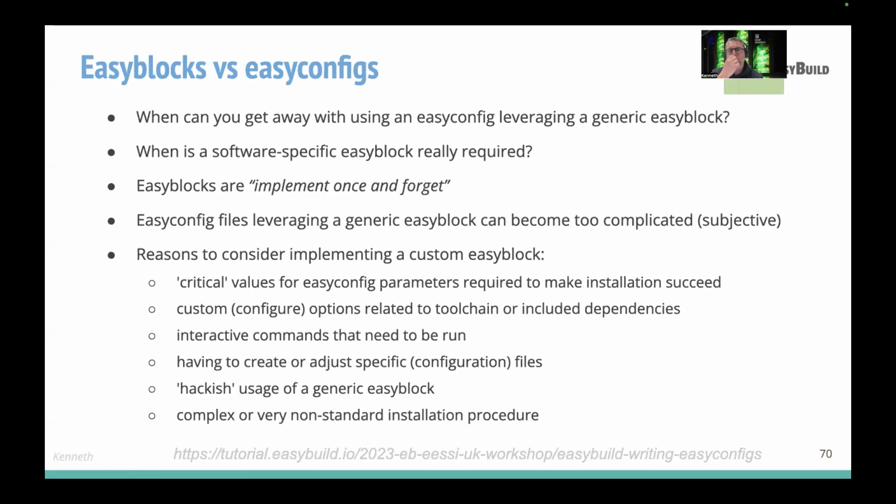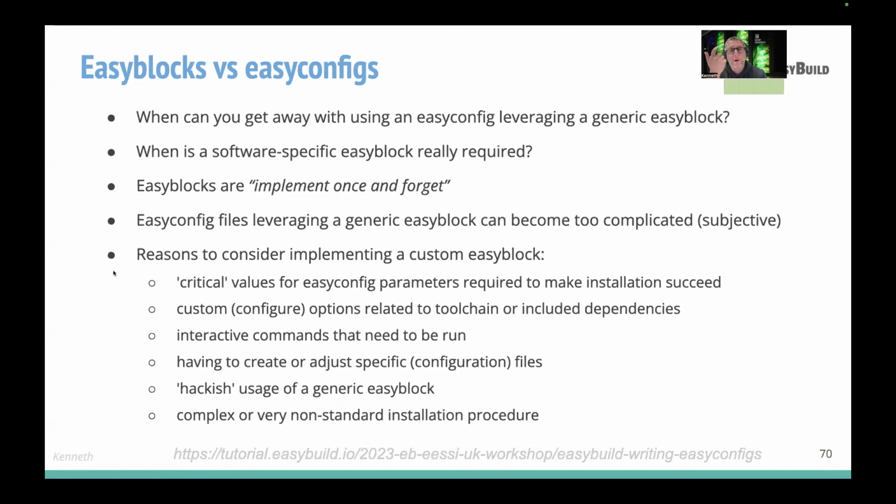Now, there is a bit of a thin line when you need a custom EasyBlock or when you can get away with a generic EasyBlock. It boils down to a bunch of questions, how complex things are or how specific things are to a particular compiler. So if you switch compilers, does that mean you need to change options in the configuration, for example?